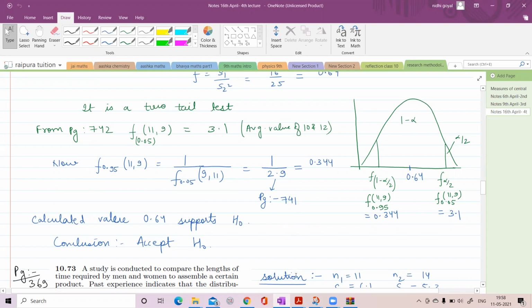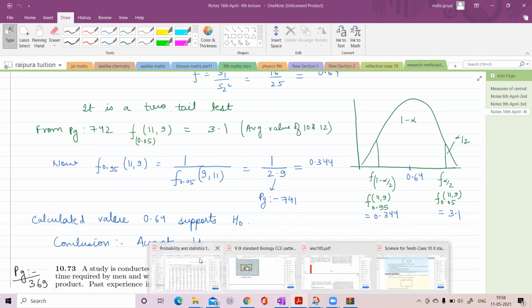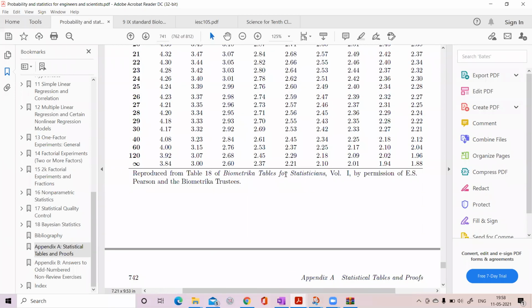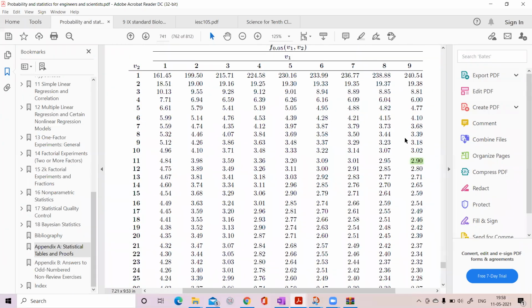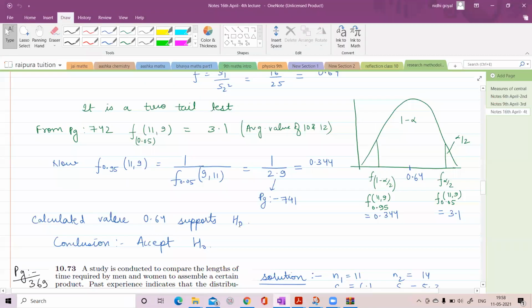On page number 741, for v1 equal to 9 and v2 equal to 11, the value is 2.9. So 1 upon 2.9 gives 0.344, and we are using this value here.